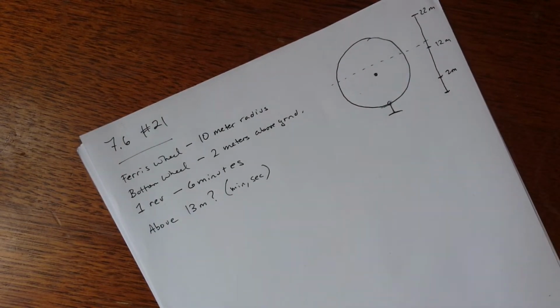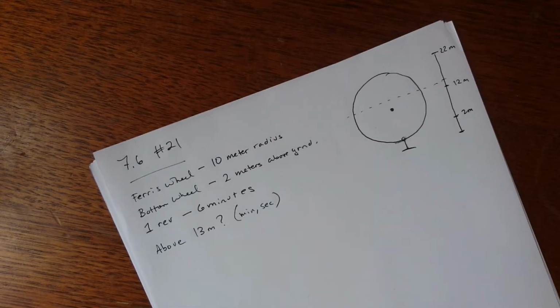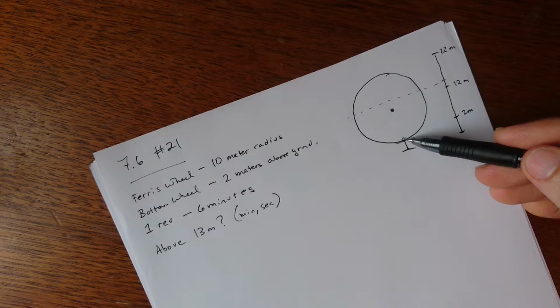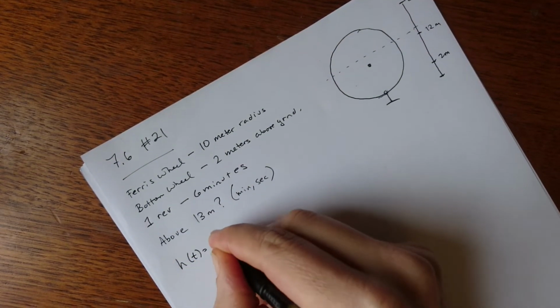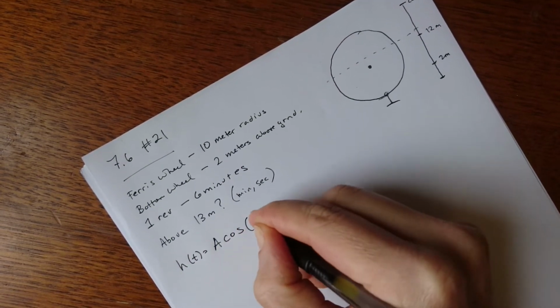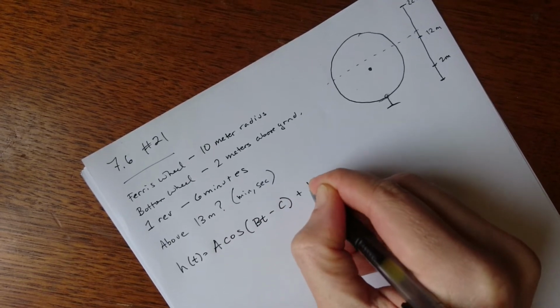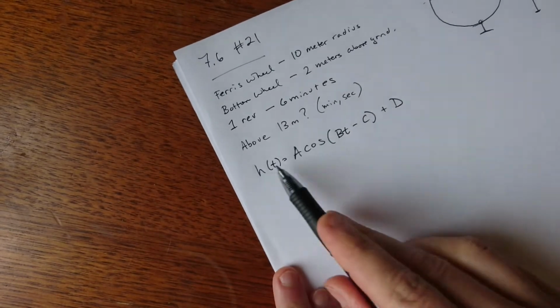So how do we go about figuring this out? The way I'm going to approach it, I'm going to come up with a function that tells me the height of somebody who gets on here. Let me write it and then I'll say what everything is. So: cosine of bt minus c, plus d. Here's the form of the function I want.